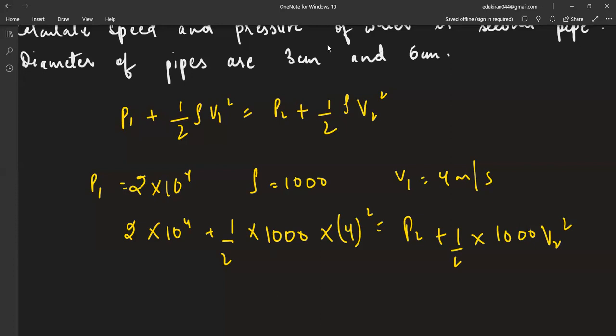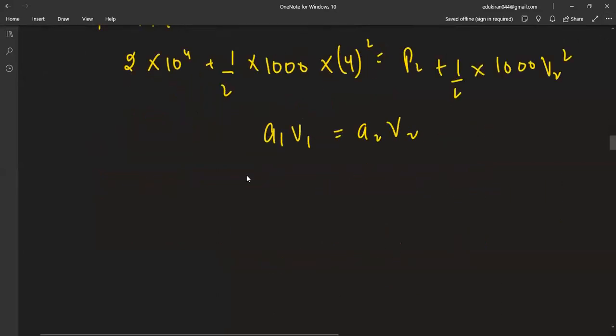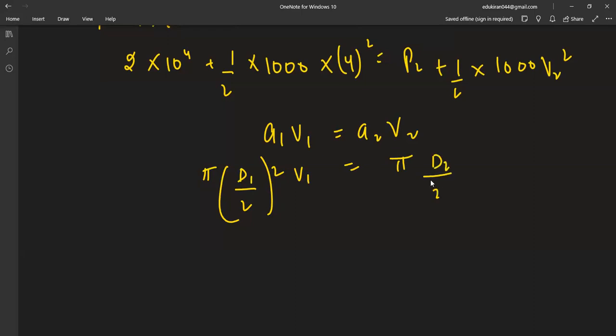But one equation we have studied. What was the equation of continuity, class? Remember, I told you the equation of continuity: A1 V1 is equal to A2 V2. This we will use. You have seen, we are given the diameters. So pi (d1 by 2) whole square V1 is equal to pi (d2 by 2) whole square V2. Fine, 4 will be cancelled, pi will be cancelled.